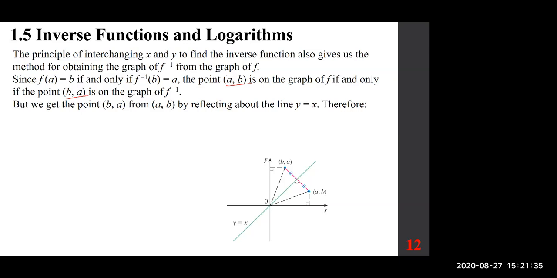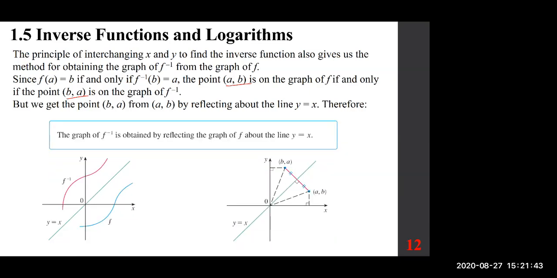In other words, AB belongs to f of x, BA belongs to f inverse. This is what I was showing you. As a result, if we were to graph the two functions using the same set of axes, they are symmetric with respect to the line y equals x. Very straightforward.